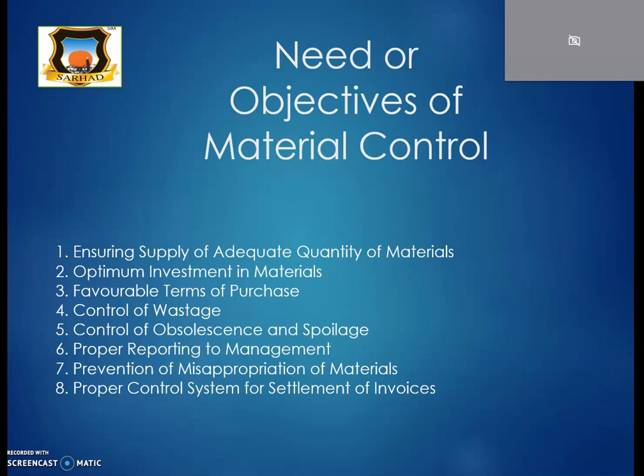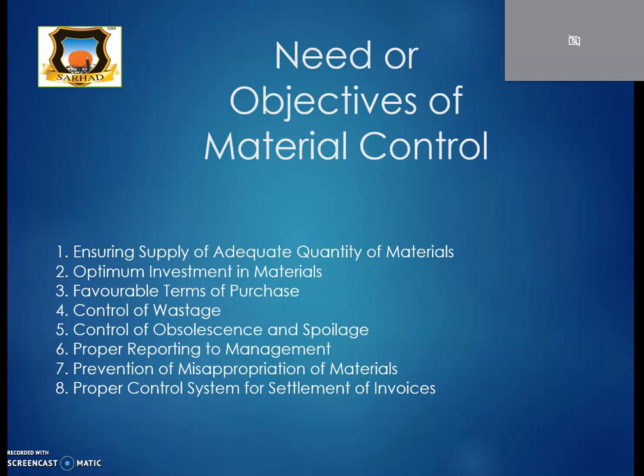Not only should the material be available when required, but there should also be a system to give complete and up-to-date accounting information about the availability of material. Sometimes inadequate information or inadequate quantity of material availability may cause a new purchase to be made of material already in stock, or cause problems while running our production functions. Then, optimum investment in material as well as control of wastages.